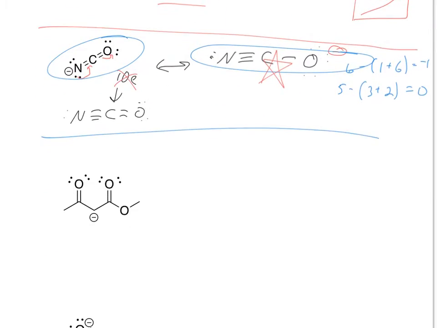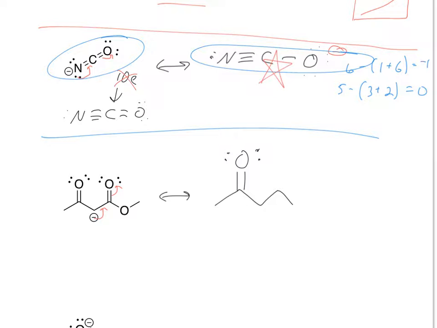Alright, let's try one more. Alright, sometimes we can do several resonance structures. So same as we've done before, let's take our negative charge and we're going to push it in here and then push our electrons up onto the oxygen. Alright, so if we draw this structure, we keep the carbon framework just the way it is. We didn't do anything to the portion on the left, so let's draw it exactly the way it is.